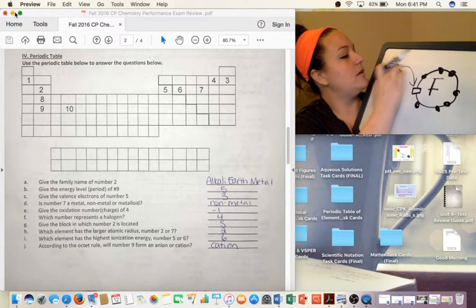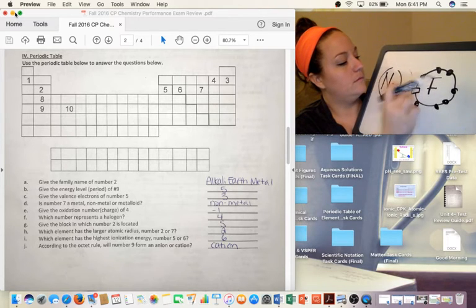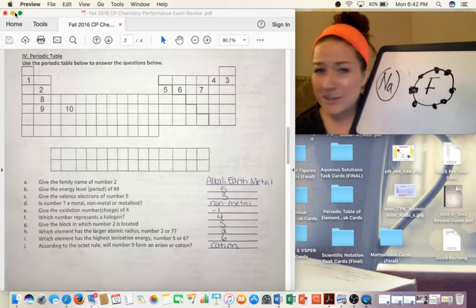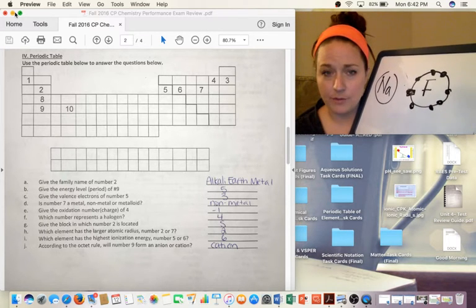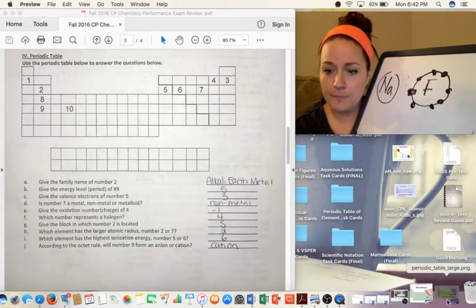So when sodium loses his cute little electron, he no longer has an equal amount of protons and electrons. So let's look at the periodic table.